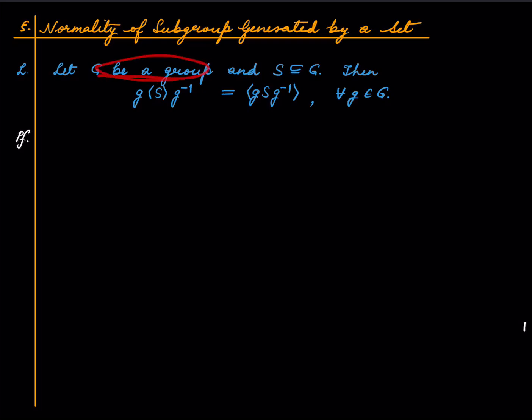It says that fix a group G and fix a subset S of the group, then this equation holds. This kind of thing is called a conjugate. So the conjugate by g of the subgroup generated by S is the same as the subgroup generated by the conjugate of S. It's a nice statement. So let's get on with it. So fix some little g, and we want to show this conjugation statement.